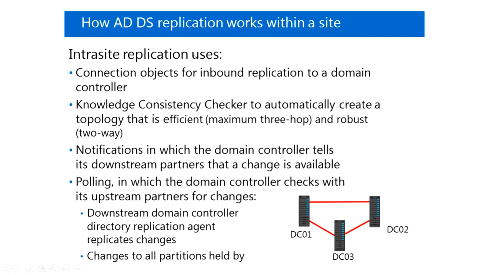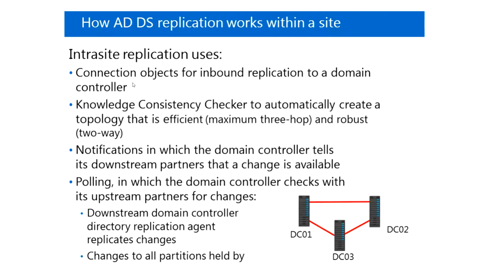So let's see how this AD DS replication works within a site. So the intra-site replication, as shown in the diagram. Let's assume that in a site we have 3 domain controllers, DC1, DC2, and DC3. So within this site, we'll see how the replication happens between the domain controllers.